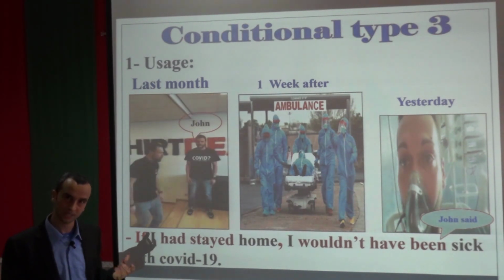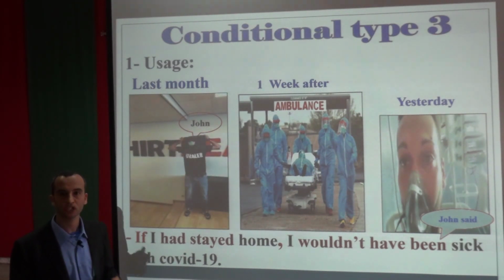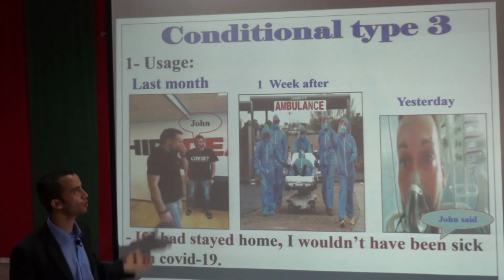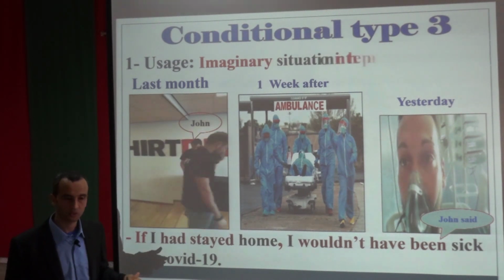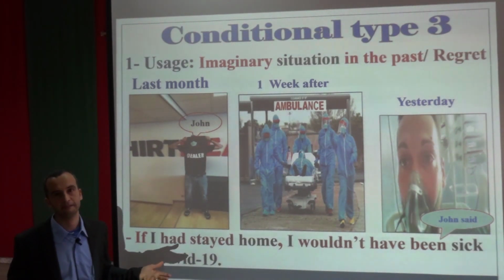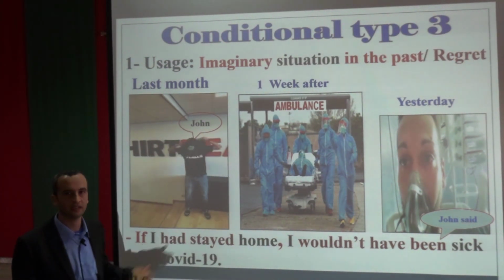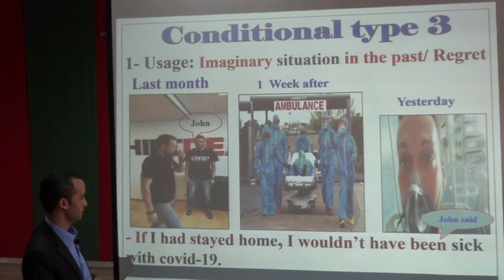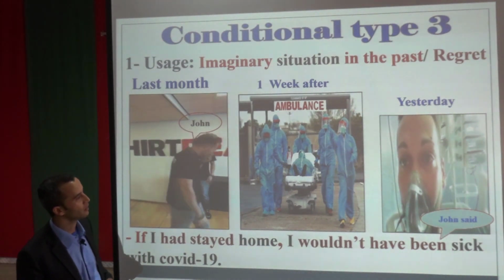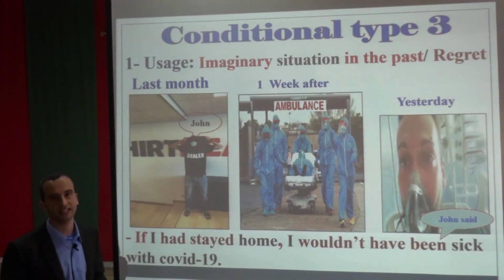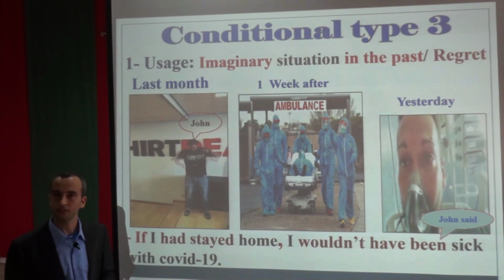With conditional type 2, we say in the present, but now we are talking about an imaginary situation in the past, which means what's done is done. There is nothing that he can do about it. So here, this is the usage of conditional type 3.